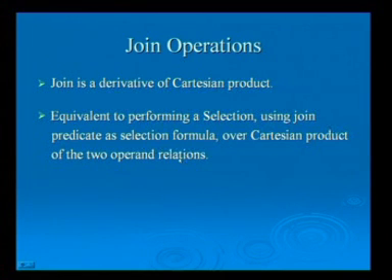So, the difference between join and Cartesian product is that in Cartesian product, as I explained before, all the combinations of rows will be included in the resultant relation, but if you consider join, only the combinations of rows that satisfy the given condition will appear in the resultant relation.